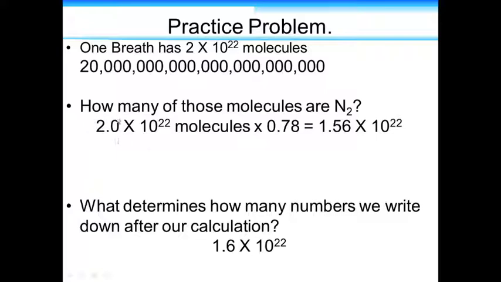If they only give you 2 digits in the data, or you only know the percentage to 2 digits, when you're doing multiplication and division you want to keep it to 2 digits, roughly. We're not going to go into any more detail than that, but if you're curious, you can go on YouTube and search for significant figures, and you'll get more information.